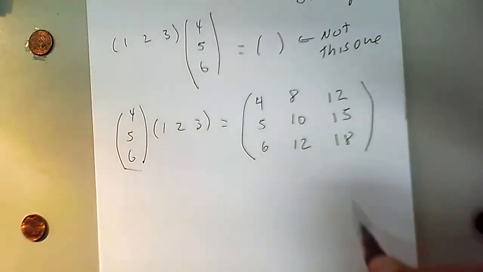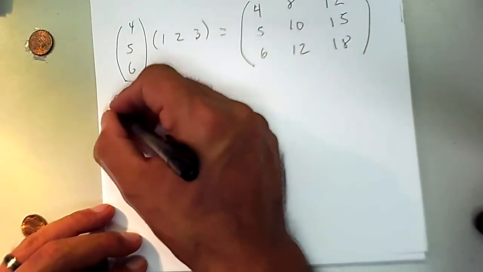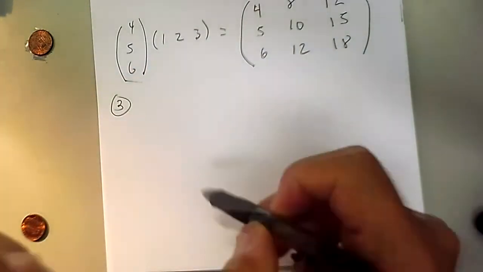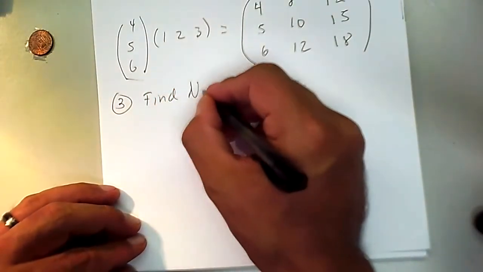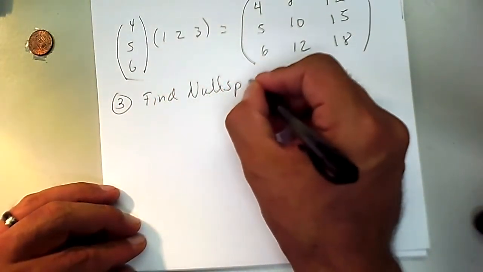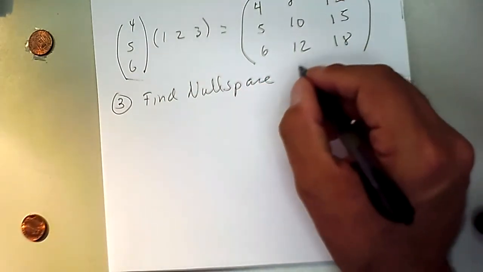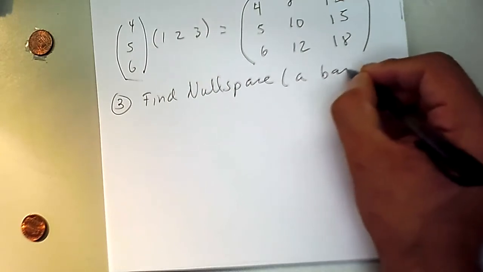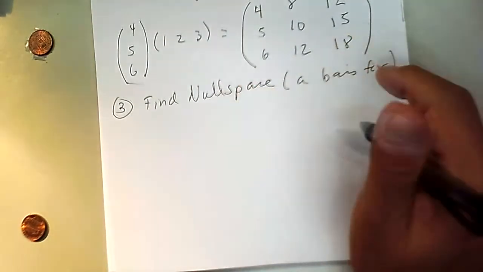Interesting. Anyway, so I'm going to use that as example 3. We want to find the null space. By that, actually, we mean find a basis for the null space, a nice basis.